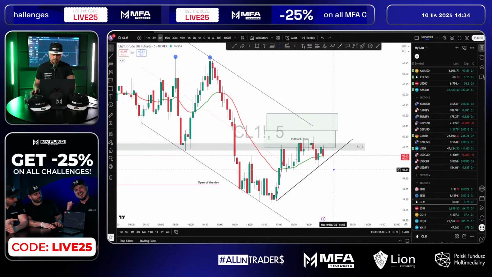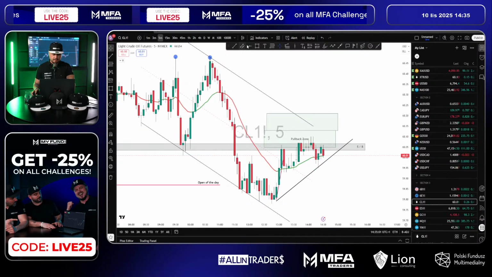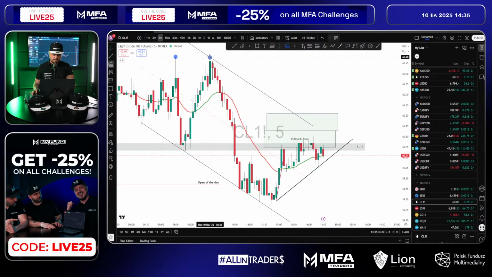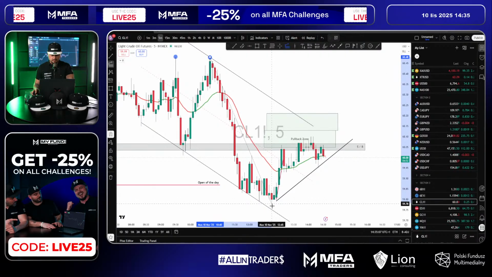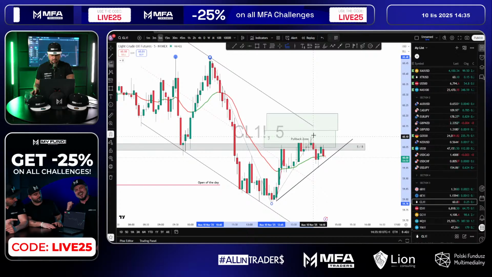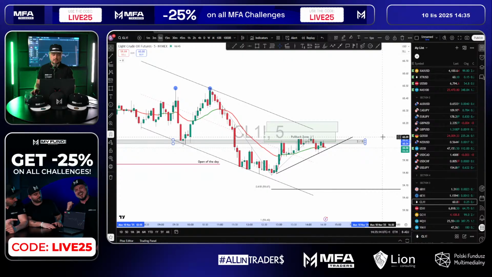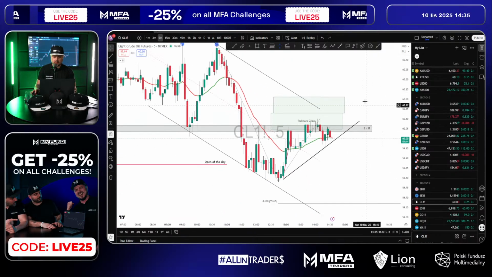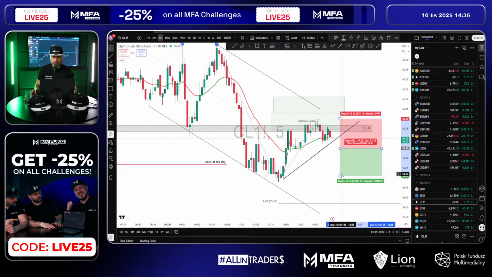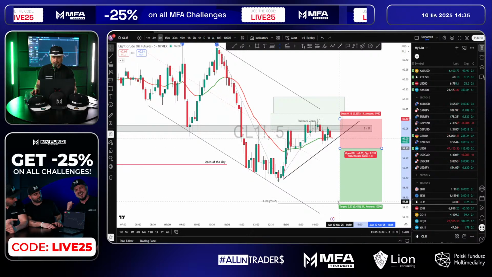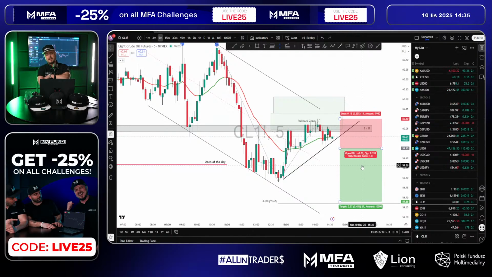But my stop loss will probably be bigger. Let's check where our measured move will be. Okay, we've got some space to our measured move. So if the price closes somewhere here, let's say, with my stop loss over here, we can get nearly 2 to 1. Not too bad.